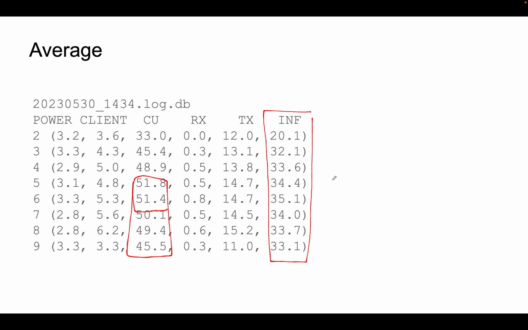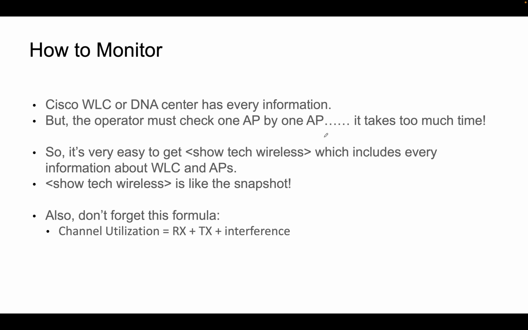But anyway, to monitor this there is DNA Center and WLC. Especially WLC shows its information very well, but there is no documentation. DNA Center is like a time-based dashboard. Actually, DNA Center is very, very nice.